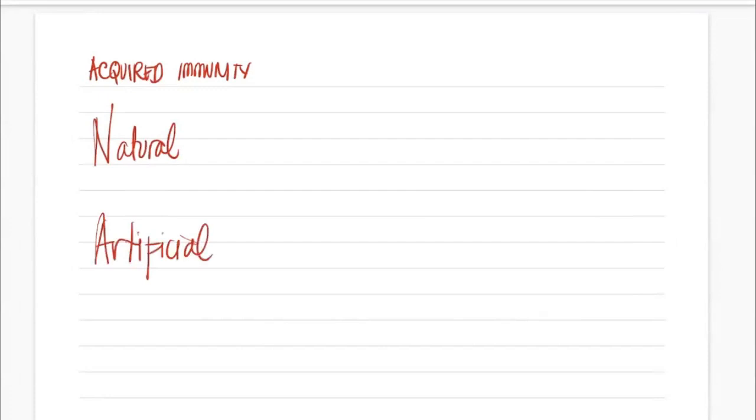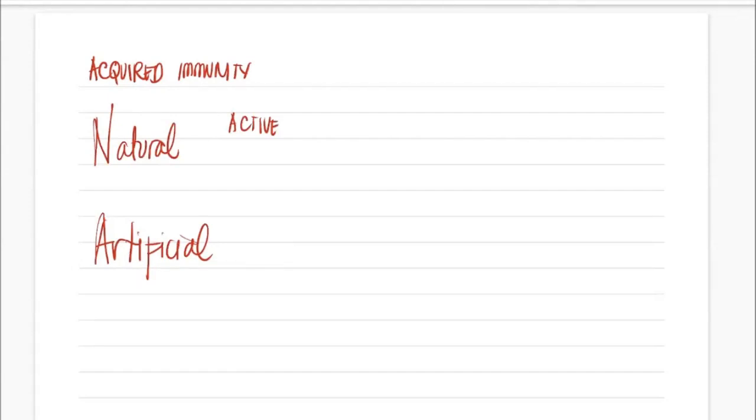So we have yung natural, of course, na way of getting it. And of course, we have the artificial. Okay, so pag natural, pwede guys na natural active. So pag sinabi natin na natural active, we are the ones na nag-produce ng antibody.